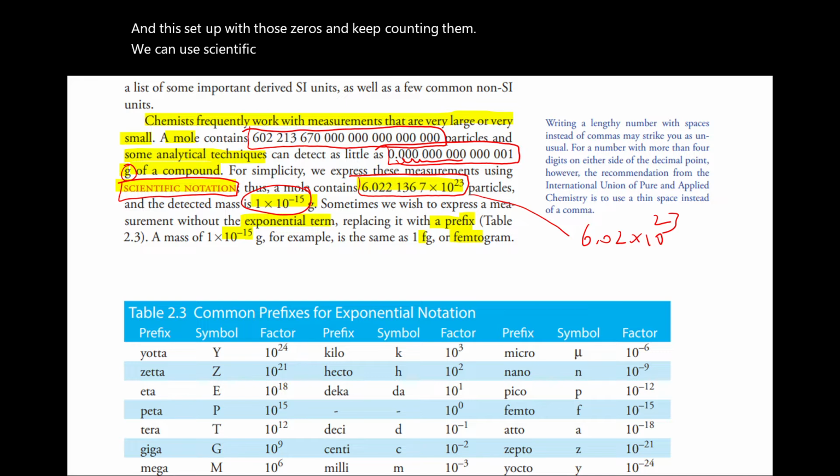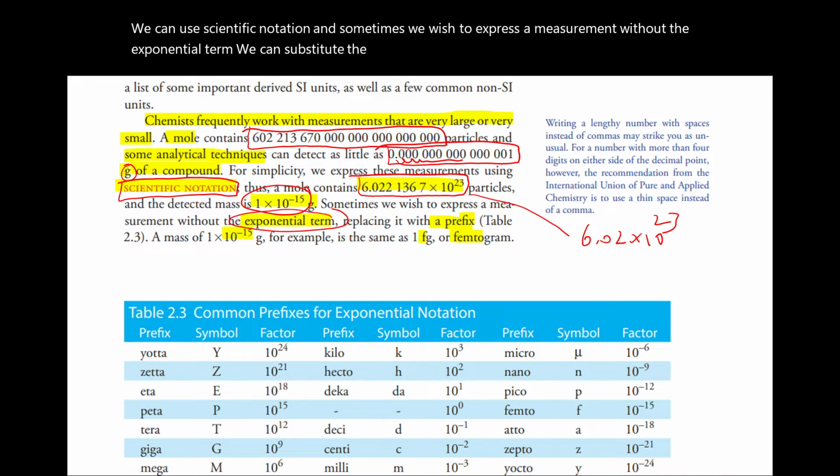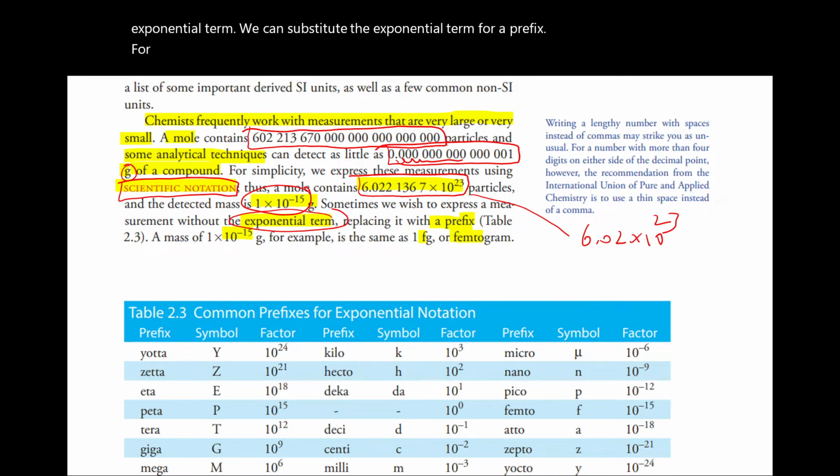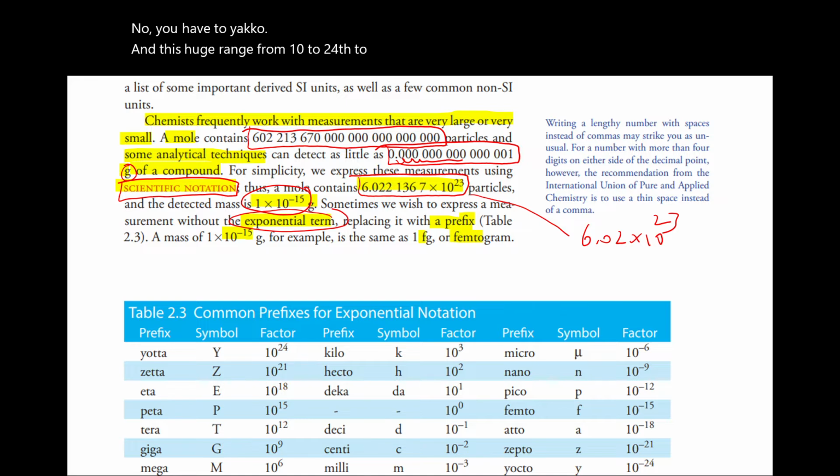And sometimes we wish to express a measurement without the exponential term. We can substitute the exponential term with a prefix. For example, in the prefix table here, we have from yotta to yocto, and this huge range from 10 to the 24th to 10 to the negative 24th.